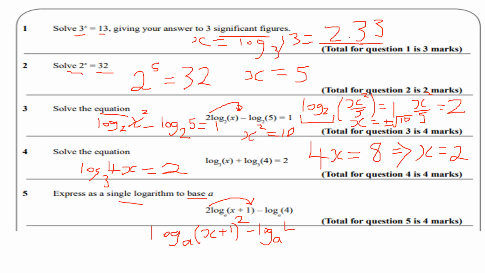Then use the quotient rule for the same base. I'm going to do this divided by this. I'm going to have log to the base a of x plus 1 all squared all over 4.